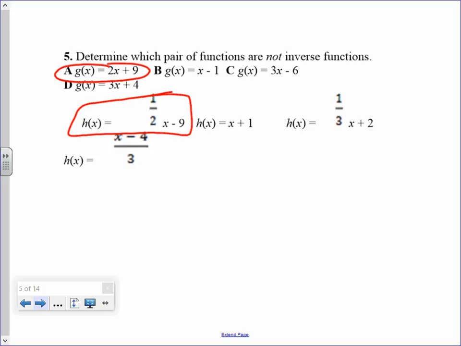On number 5, it says 2x plus 9, and h of x is 1/2 x minus 9. Are you on number 5 on the review? Some reviews are different.